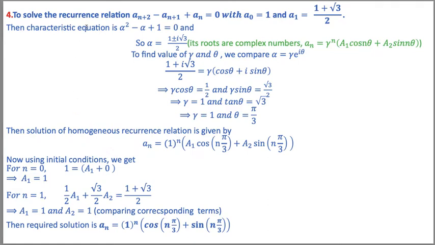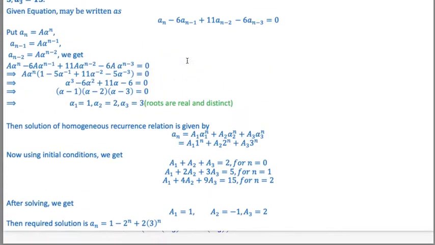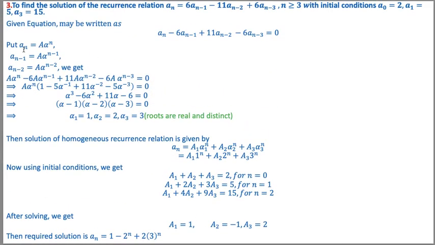Now we will solve one more recurrence relation, an plus 2 minus an plus 1 plus an equal to 0, with a0 equal to 1 and a1 equal to 1 plus root 3 upon 2. So if we again substitute like this, an equal to a raised to power alpha n, an minus 1 equal to a raised to power alpha n.